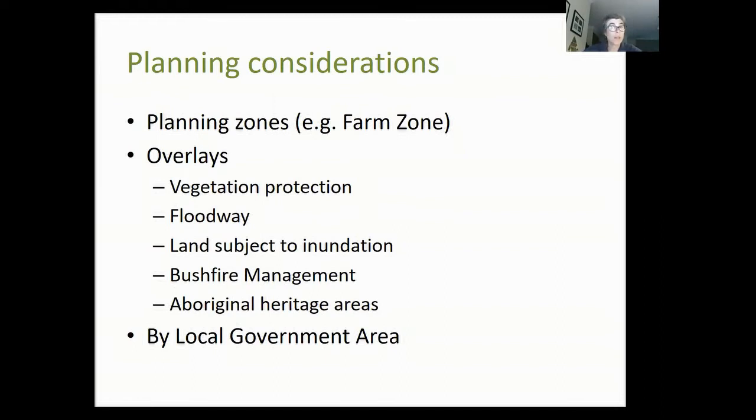If you're in a bushfire management area, and there may also be an Aboriginal heritage overlay. They tend to follow waterways as well. So often if you've got the floodway and the land subject to inundation, you've probably got an Aboriginal heritage area listing as well. But there can be other sites included in that overlay specific to different areas. So it's worth having an understanding for your particular property of what your planning zone is and then what overlays might apply to it.